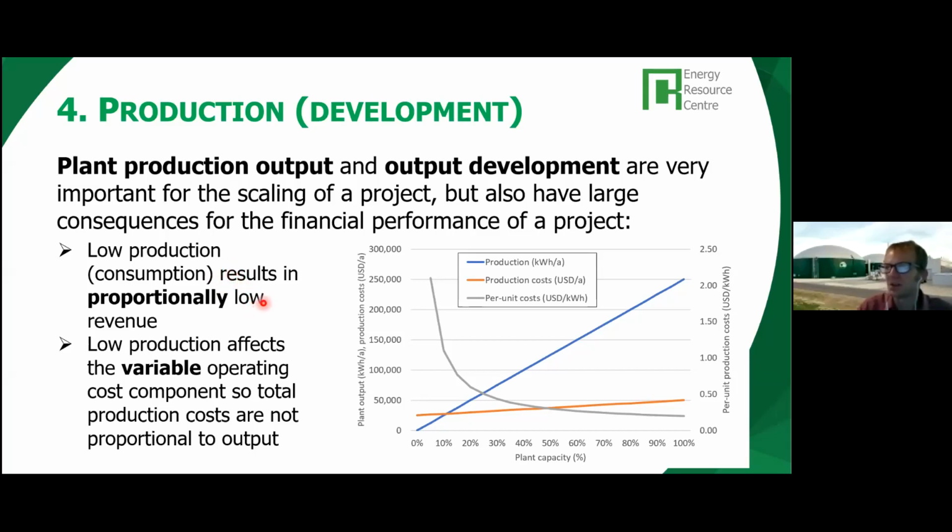Basically, every kilowatt hour that you produce, you get a certain price, depending on how the total tariff and the total bill for your client is built up. If there's a fixed component and a variable component in this bill, then you may also have some revenue even if the consumption is low.